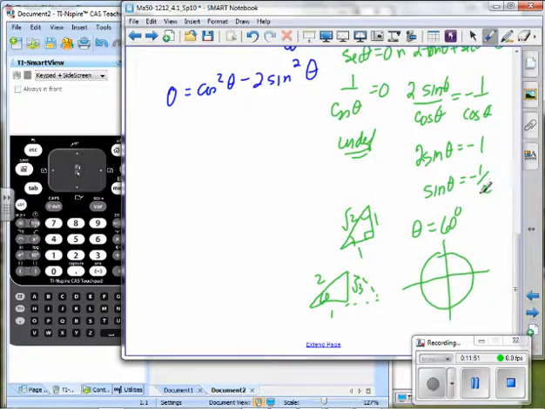If it's 60 degrees, but I want it to be negative 1/2, where's my terminal side? In the first quadrant? Or somewhere in the third and fourth, and which one is it? What do you think? My reference angle is 60, but I need sine to be negative 1/2.